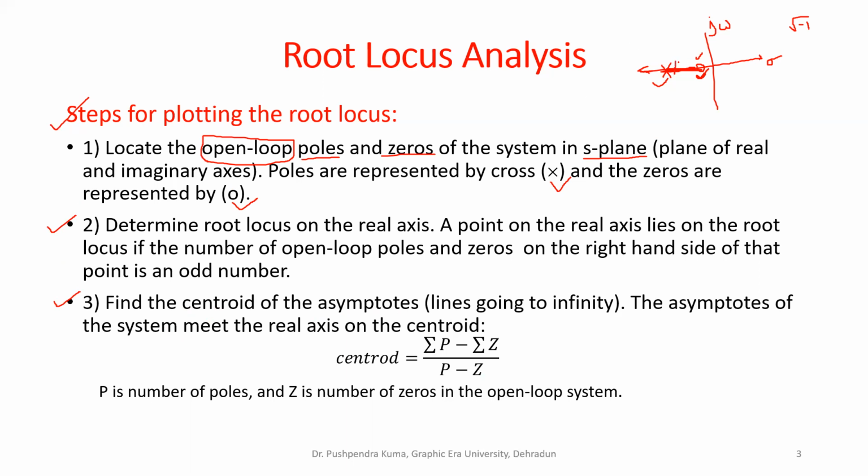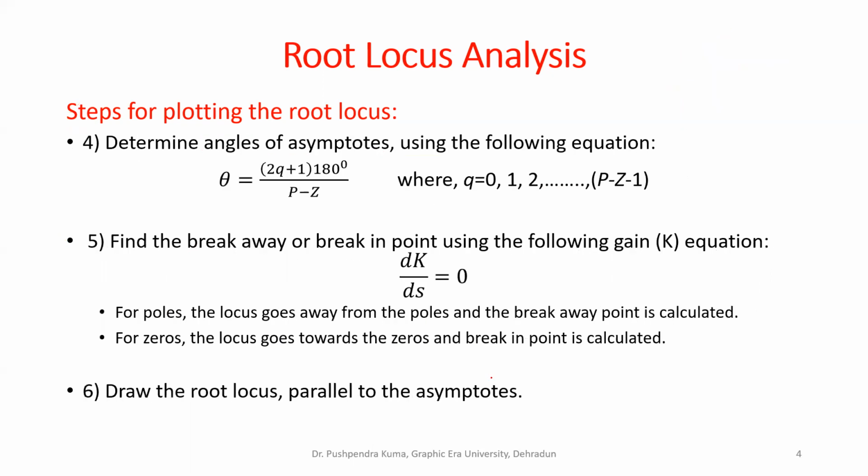The particular point from where these asymptote lines going to infinity should start is called the centroid. You can use this formula: summation of poles minus summation of zeros, divided by number of poles minus number of zeros.